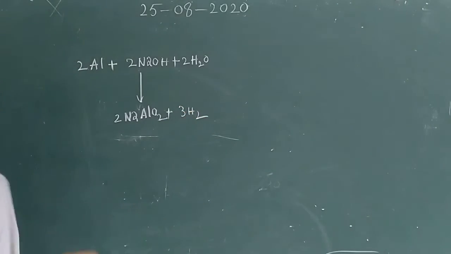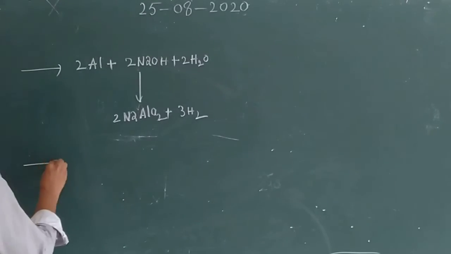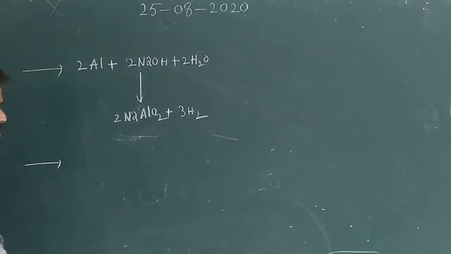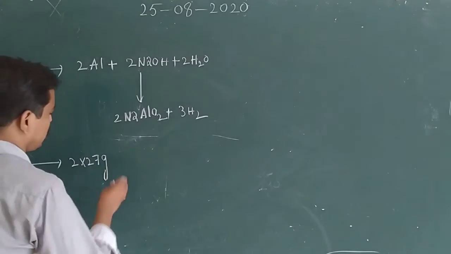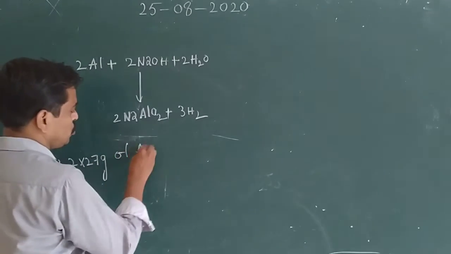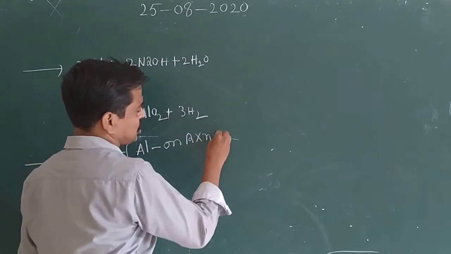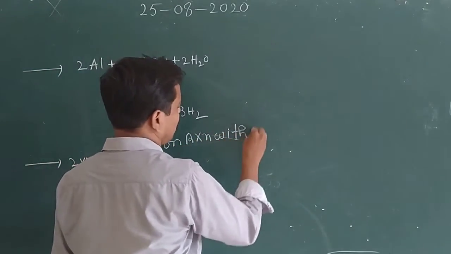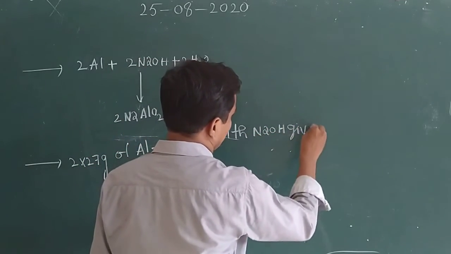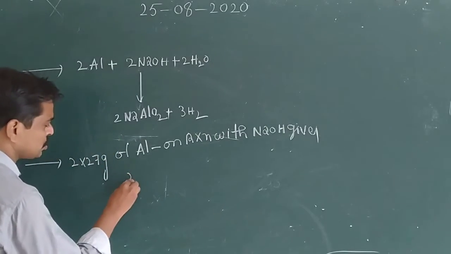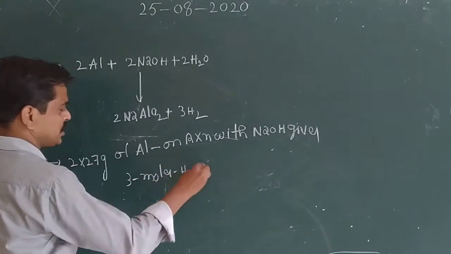Yes students. Now come to my point, students. As per this equation, 2 moles of aluminum gives 3 moles of hydrogen, meaning 2 into 27 grams of aluminum on reaction with NaOH gives 3 moles of H2. Okay students.